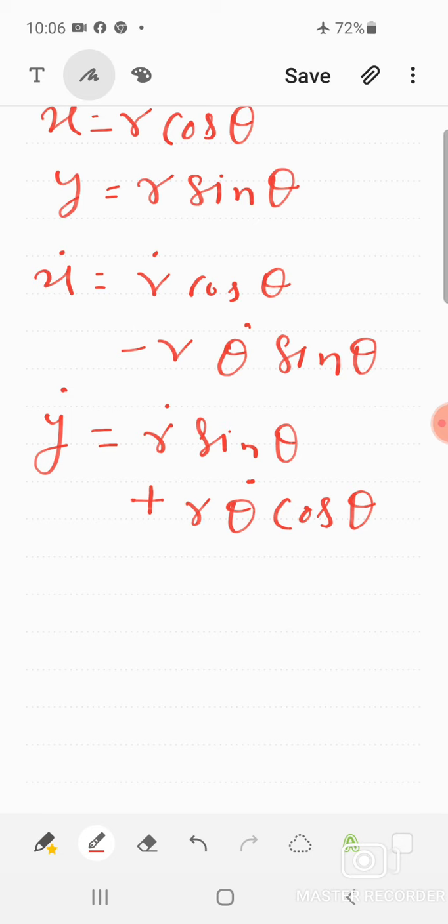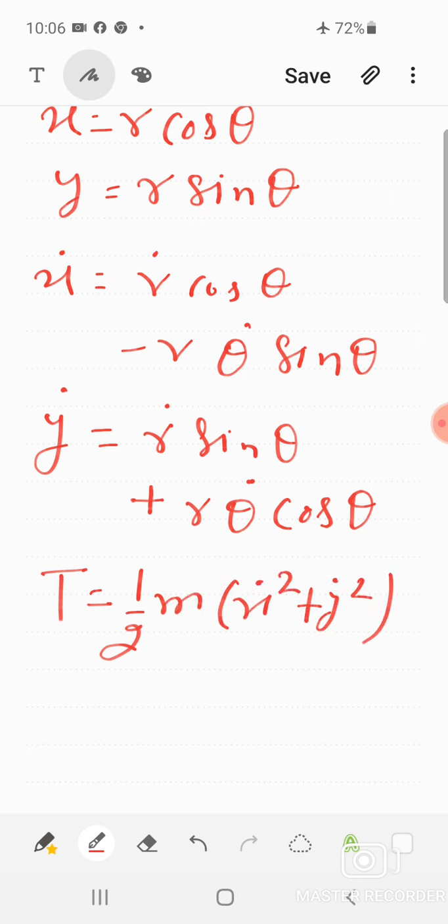Then we will find the kinetic energy T, which is equal to half m (x dot square plus y dot square).